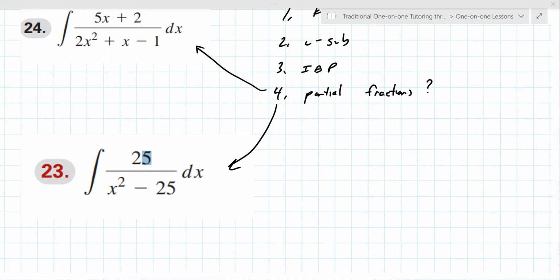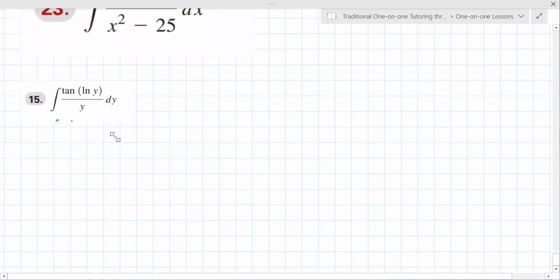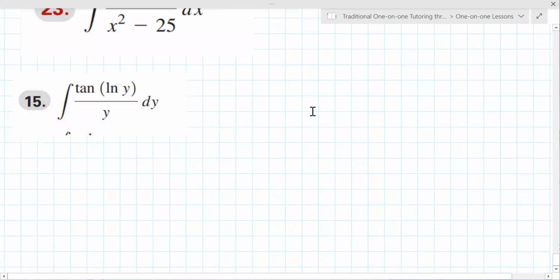Let me give you one more and see what you think for this. All right, so is this a known rule, U-sub, integration by parts, or partial fractions?